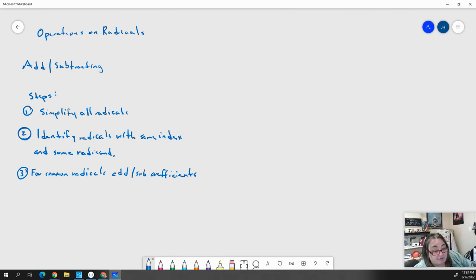What does that look like in real life? Well, if I was looking at it in terms of a problem, starting with, say, 3 times the square root of 27 minus 2 times the square root of 12. Well, when we look at this, we have to break down these radicals. Remember, it says to simplify them, which means we need them in their simplest form. And so the square root of 27 is breakdownable, right?